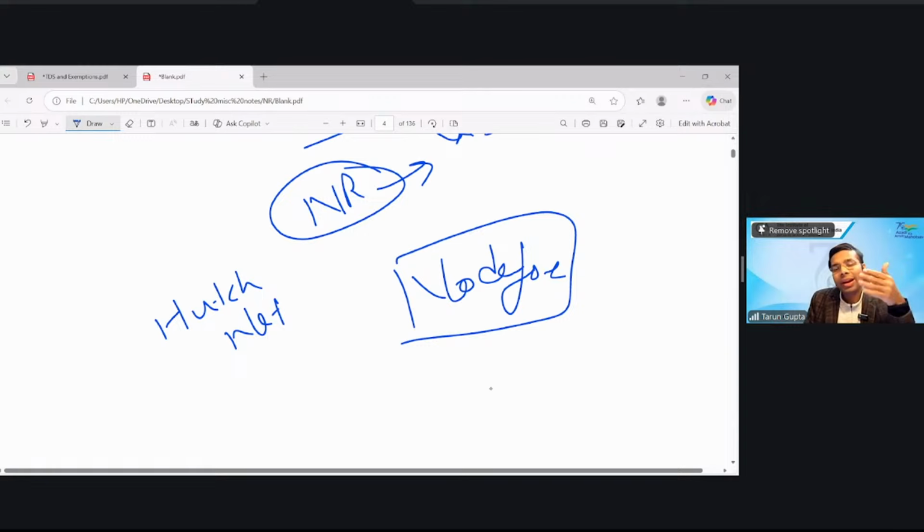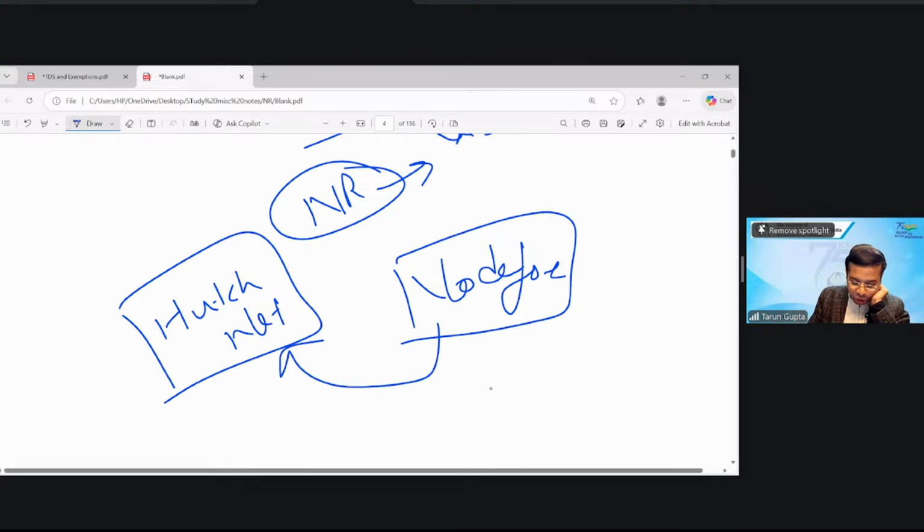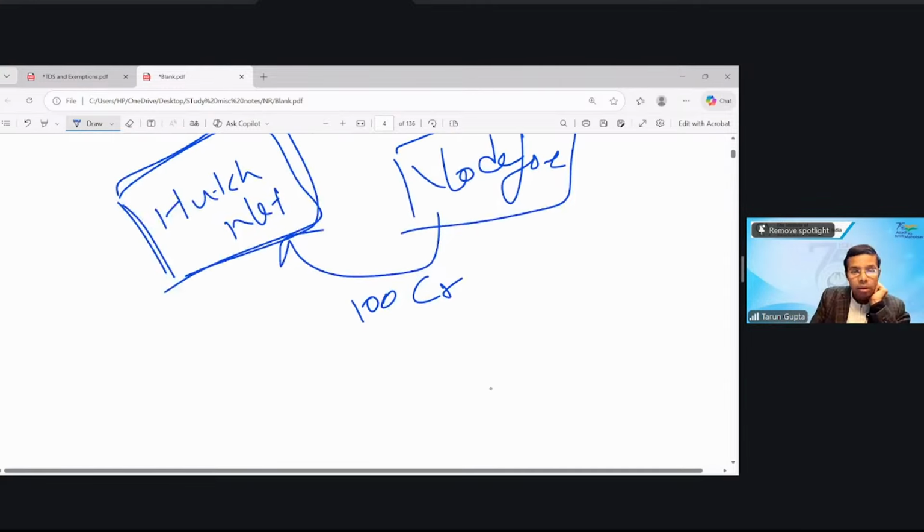See, I am only acting as your agent. Vodafone is acting as a collection agent. The primary liability is of the assessee who is actually earning the income. You should first assess Hutch and collect the tax from him. If I have purchased shares for 100 crores, then I have made the payment of 100 crores, and he is the beneficiary of the 100 crores. You collect 30 crore rupees tax, or whatever the tax amount, from him. Why are you bothering me?